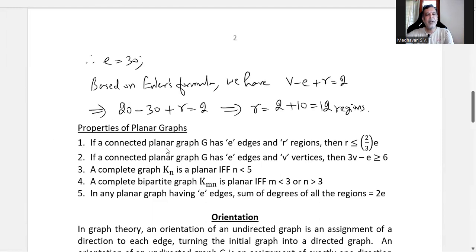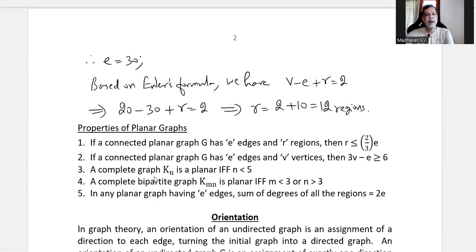Then some of the properties of planar graphs. If a connected planar graph G has E edges and R regions, then R will be less than or equal to 2 by 3 times E. That is one property. Second property, if a connected planar graph G has E edges and V vertices, then 3V minus E should be greater than or equal to 6.